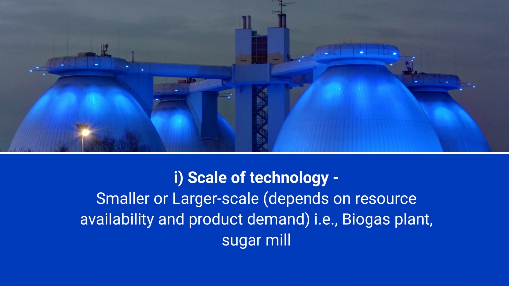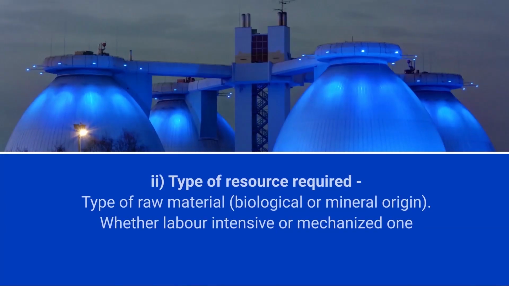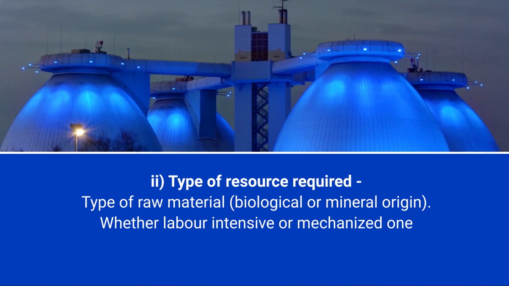We can say these can be at a smaller level, as well as a sugar mill can be of a very high scale. So, these are the examples of scale of technology. The second aspect of managementware criteria is where the type of resource required is governed, and accordingly we have to have our managerial capabilities.